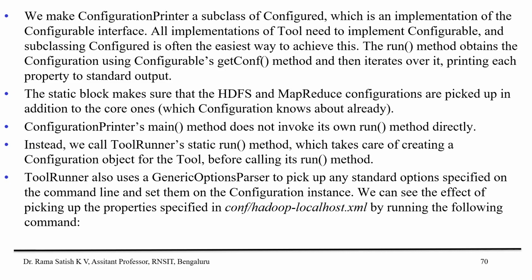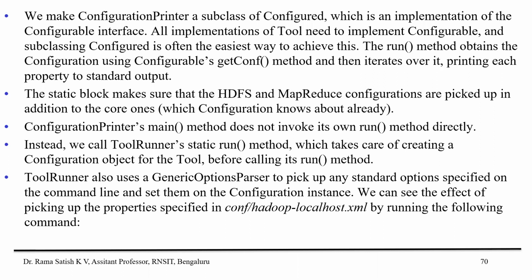To run the run method, obtain the configuration using the getConf method, and then iterate over it, printing each property to standard output. The static block makes sure that the HDFS and MapReduce configurations are picked up in addition to the core ones.